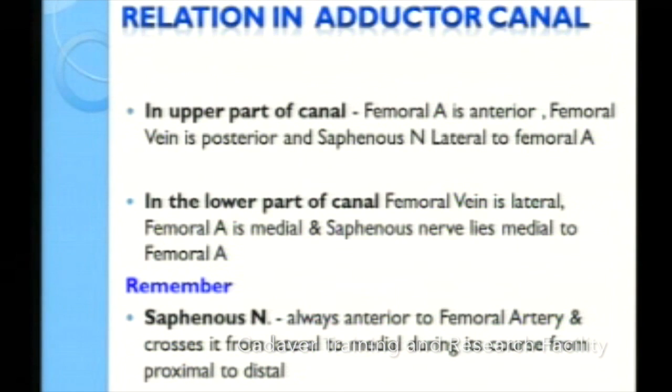And when you put the probe in the lower part of the canal, you see the femoral vein is more lateral, the artery is in the middle, and the saphenous nerve is the most medial. One thing to remember is that the saphenous nerve is always anterior to the femoral artery, and it crosses from lateral to medial during its course from proximal to distal.